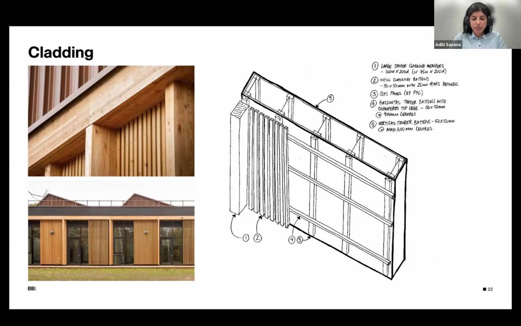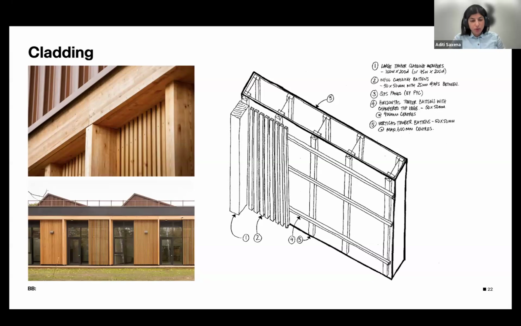We then introduced a medium timber size that was used to create interest within the long workshop front elevation, and also to provide some framing at glazing. And then the largest timber size was used at grid intersections. And then these were then framed by a head timber that ran horizontally across the top.